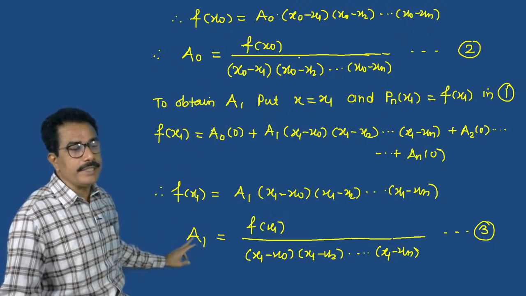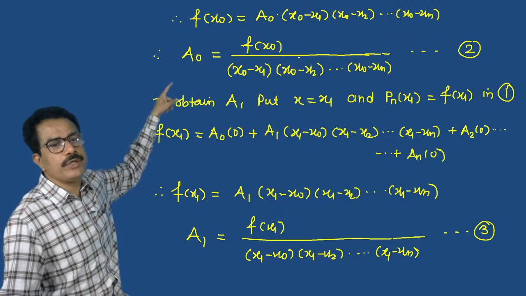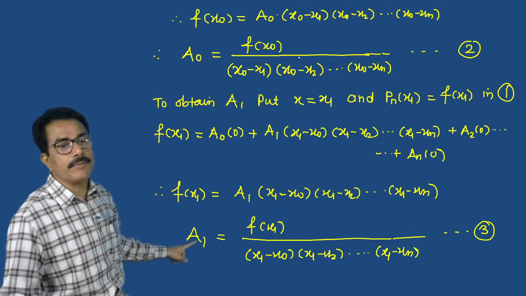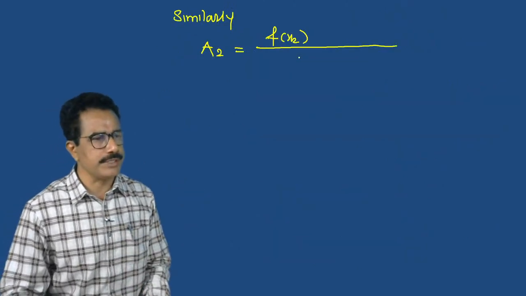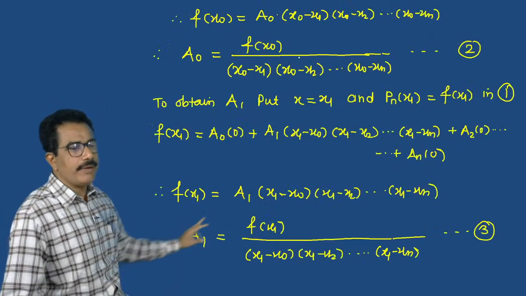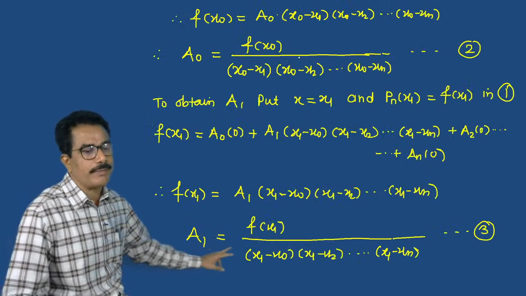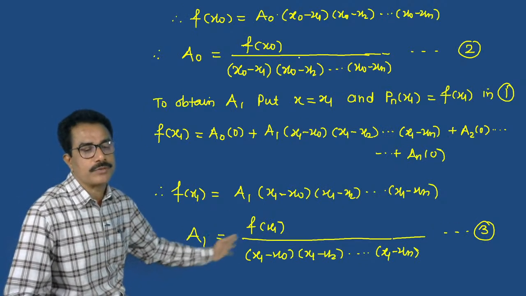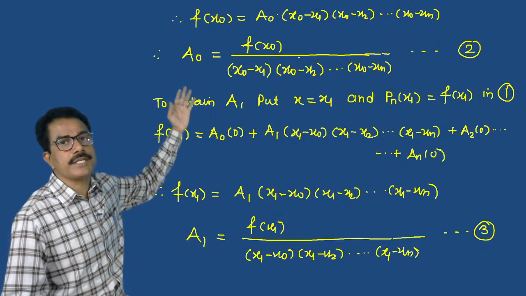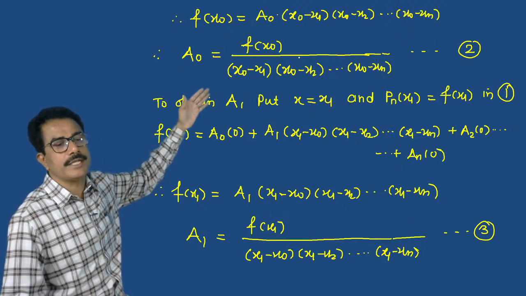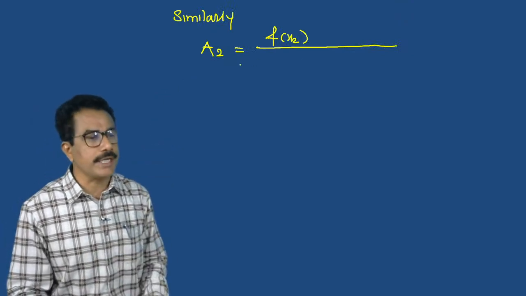So a1 will be this. So a2, आता a0 from 2, a1 from 3, we can write directly a2. a2 is equals to, काय फरक आहे, a1 म्हणजेच f of x1 divided by x1 minus x0, x1 minus x2, x1 minus x3 dot dot dot. आता a0 म्हटलं की x0 minus x1, x0 minus x2, x0 minus x3 dot dot dot. In this way we can generalize this.